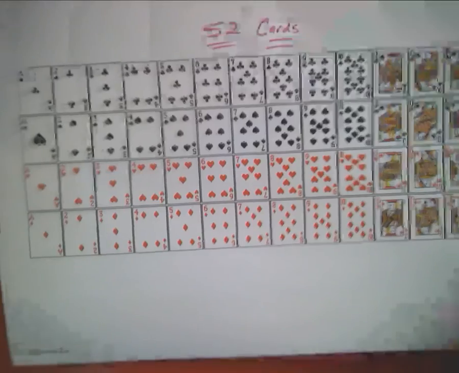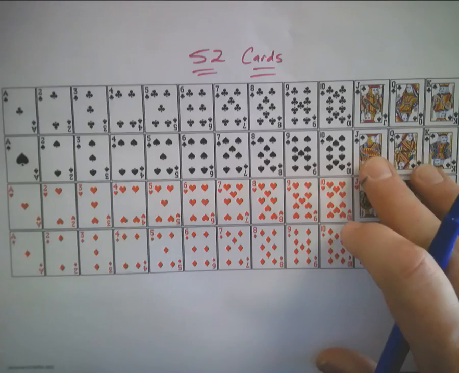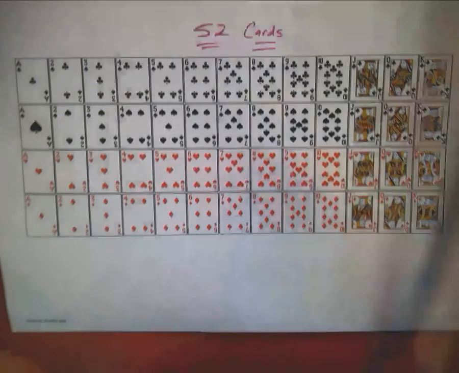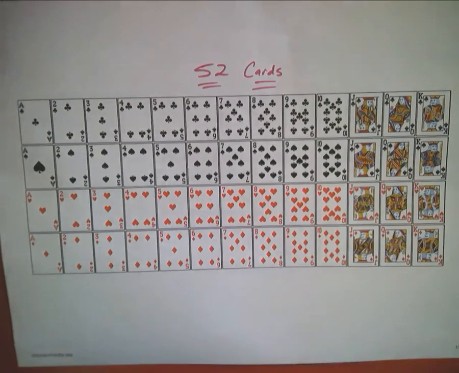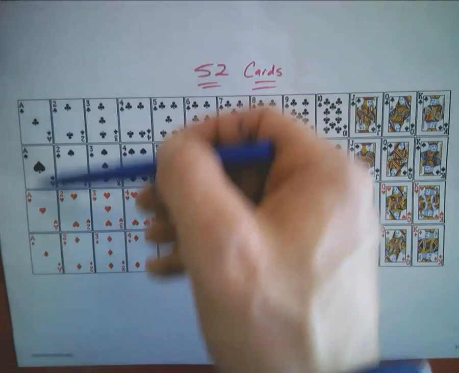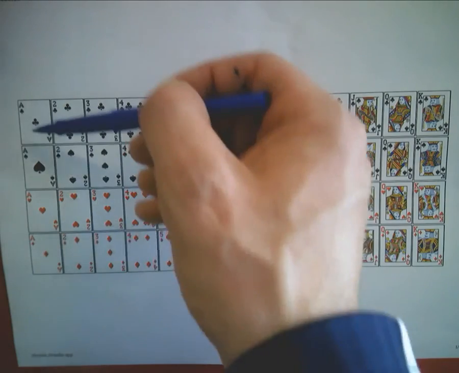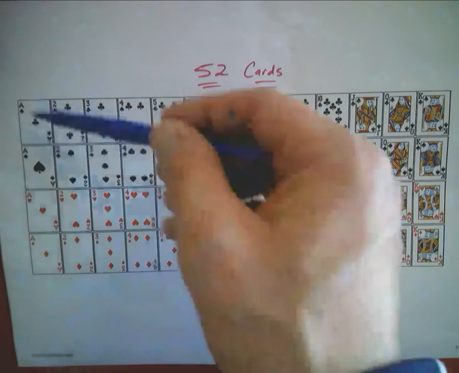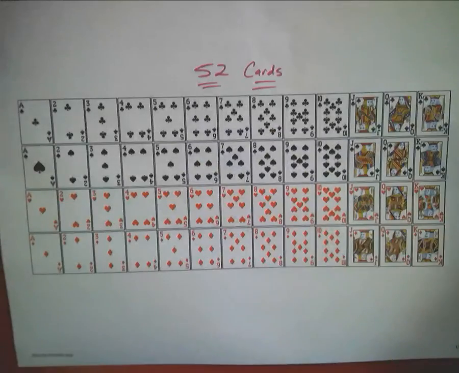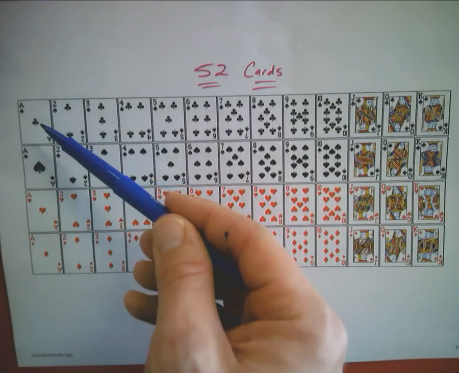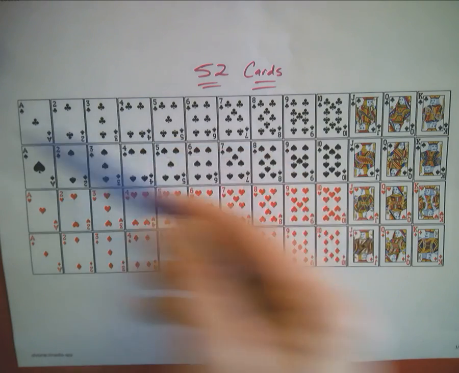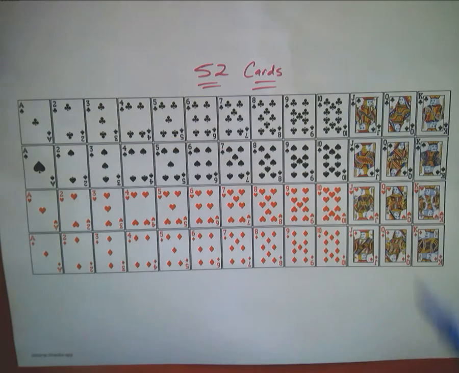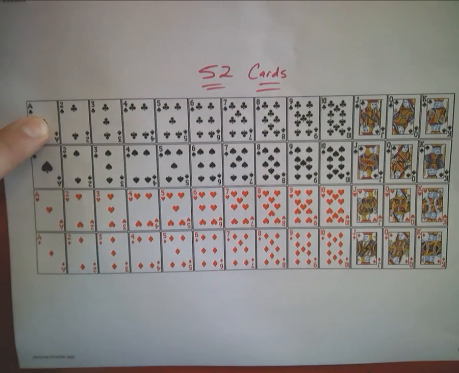Okay, so let's take back out our picture here. All right, so we're almost done. All right, so do you see my aces? We have 4 aces, right? But then I have all these clubs. So if I add up all my aces and all my clubs, do you see the problem? I just counted this guy twice, right?